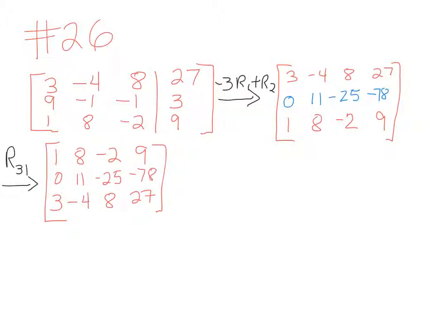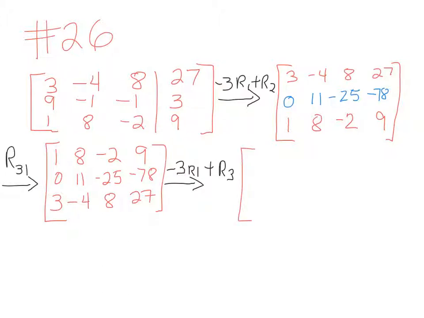Now that I have a 1 on the top, can we eliminate that 3? Yes, so what should be the formula to do that? It's got to be -3, right? -3 times row 1, and then add it to row 3.